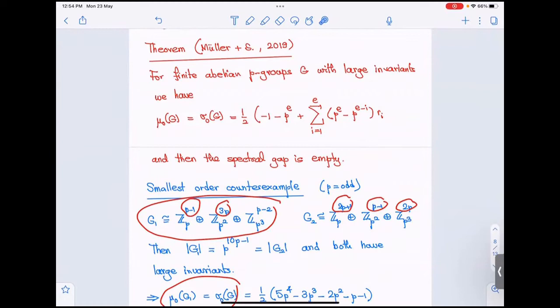And the minimum counterexample, the smallest order counterexample for p odd, is this one. So that was the reason why we had to put a p minus 2, below which it's nearly impossible to go. And if it goes, then again, Talu's conjecture turns out to be true.